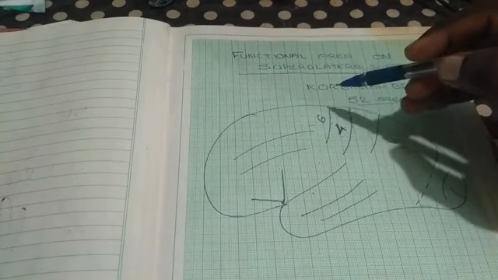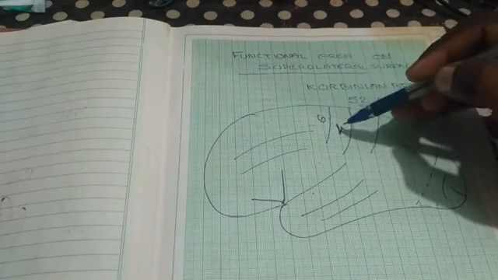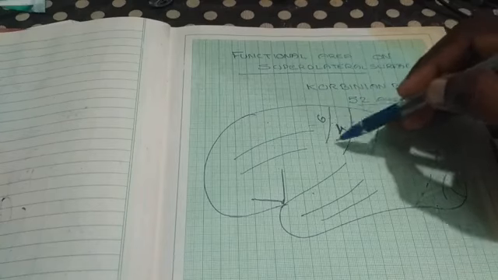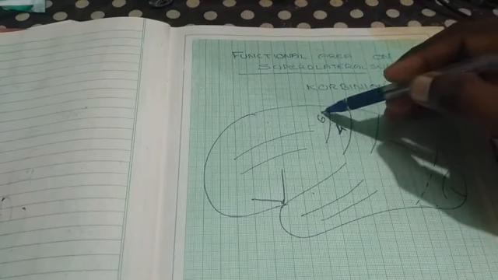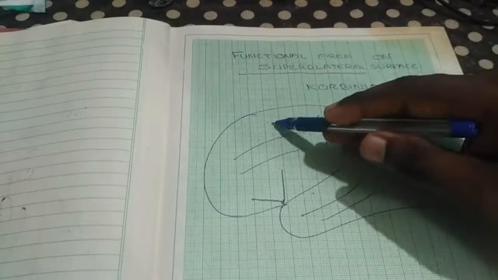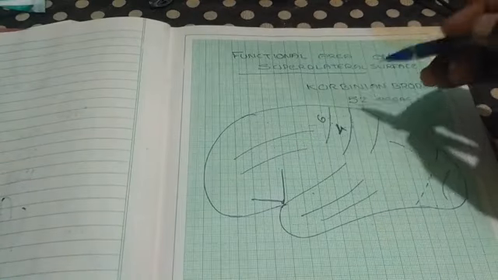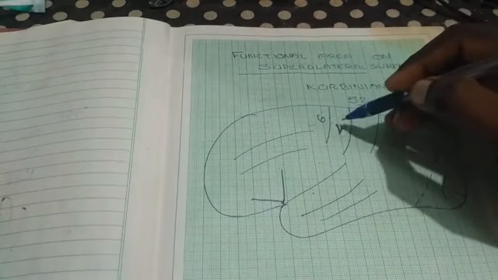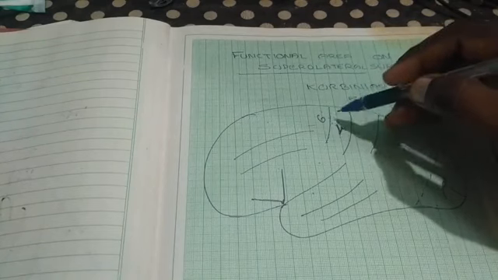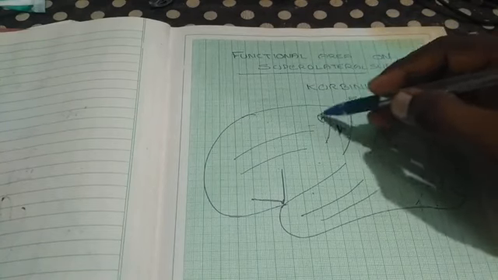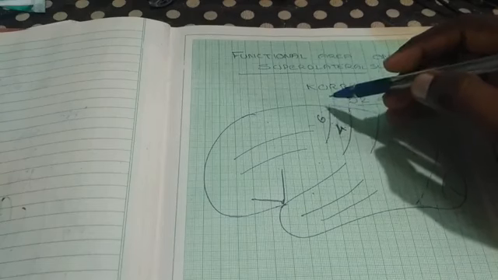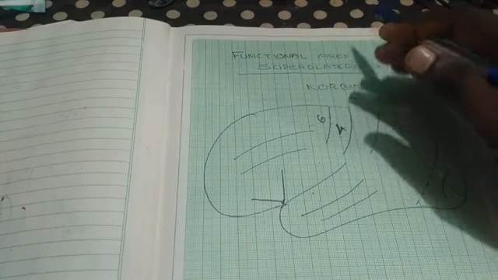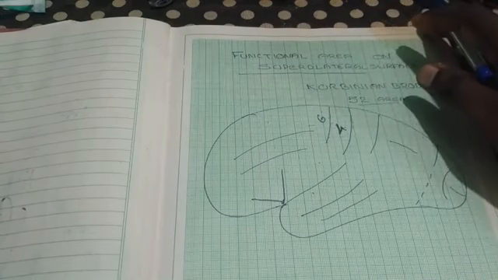Then we discuss area number 6, which is seen just in front of area number 4, the precentral gyrus, and just behind the frontal gyri. That area is called area number 6, the premotor or supplementary motor area.